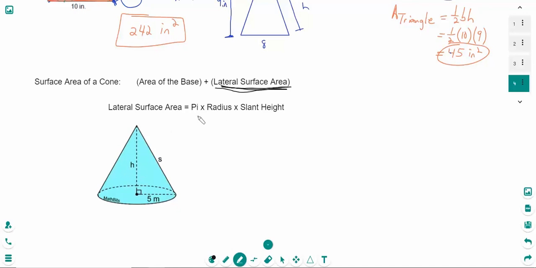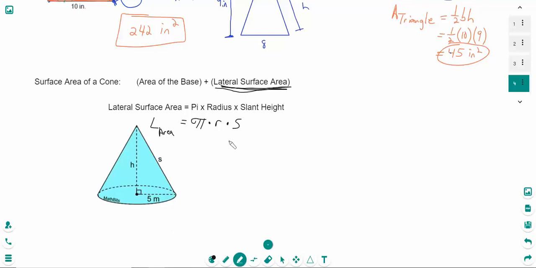And the lateral surface area formula is pi times the radius times the slant height. And I guess we'll call that S for slant height. All right, that is the formula for the lateral surface area.